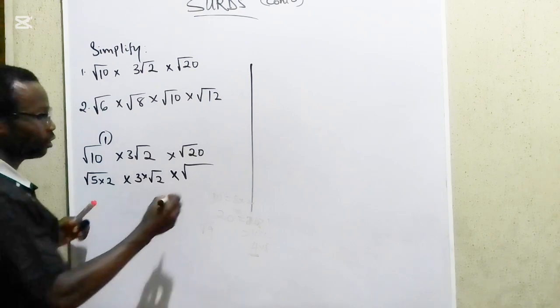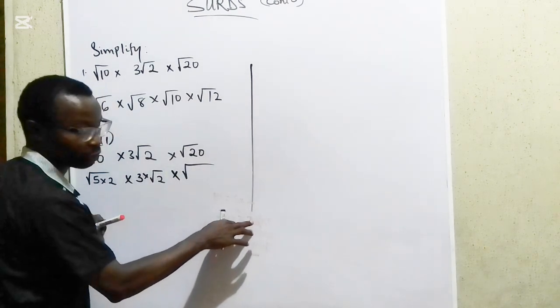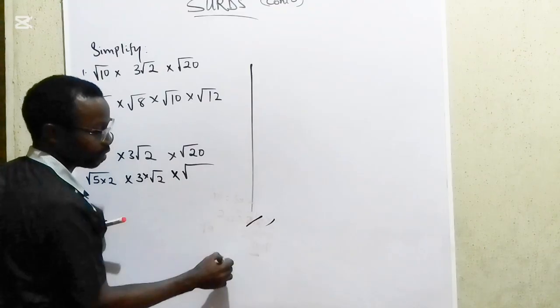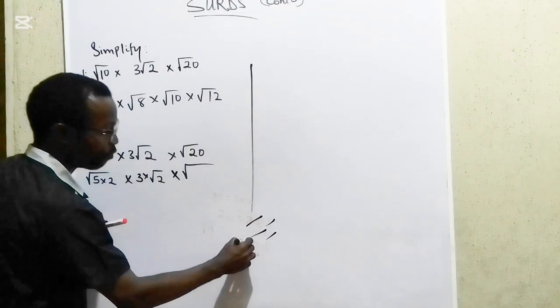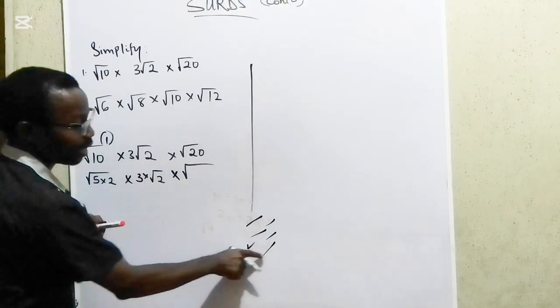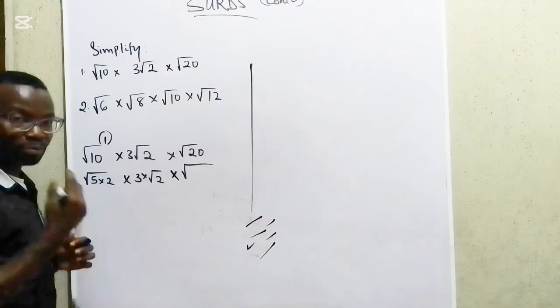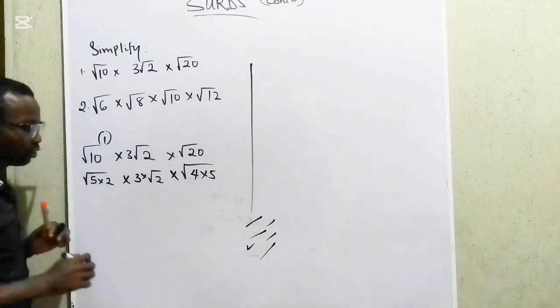We won't choose these because they don't have a perfect square root. 20 doesn't have, 1 doesn't have, 10 doesn't have a perfect square root, 2 doesn't have a perfect square root, 4 has, but 5 doesn't have. So we're going to use the one that has at least one of the pair. So 4 times 5.